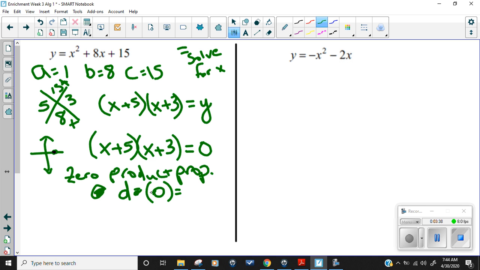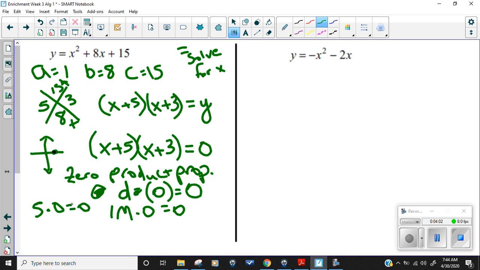No matter what my number is for D, I'm going to get 0. If I have 1 million and I multiply by 0, my answer is going to be 0. If I have 5 and I multiply by 0, my answer is going to be 0. And since it's multiplication, you could have 0 first or you could have 0 second.